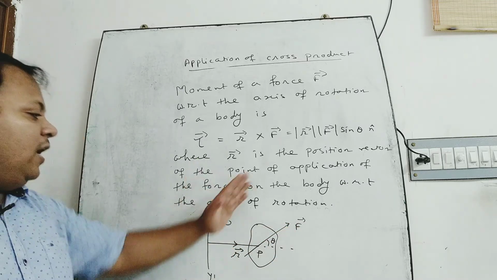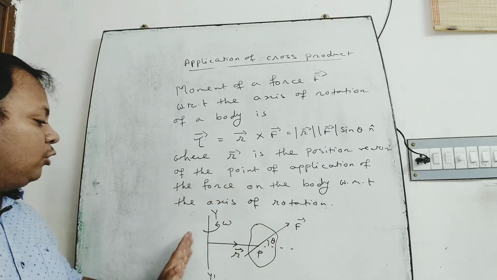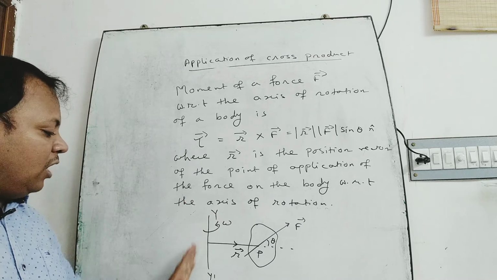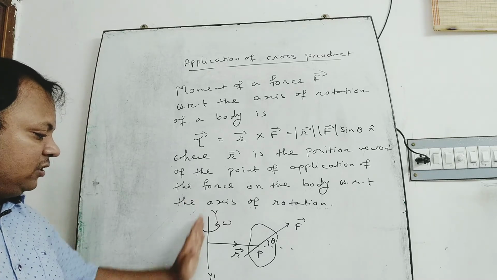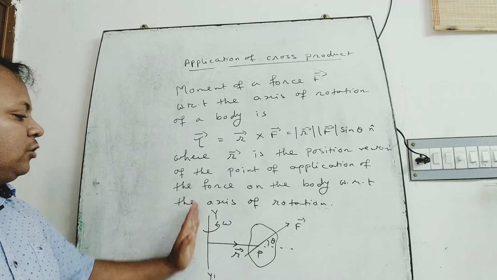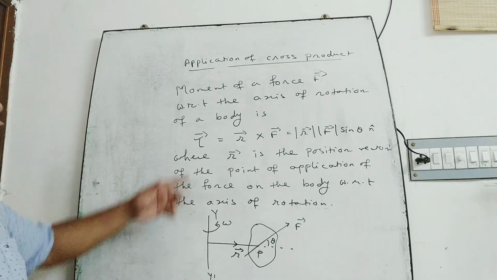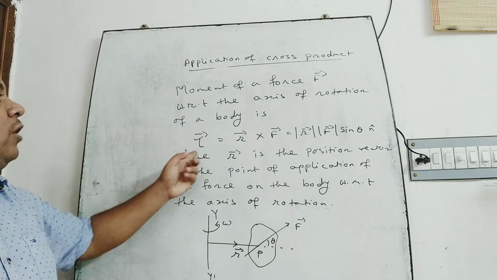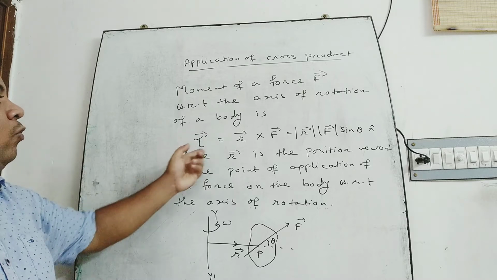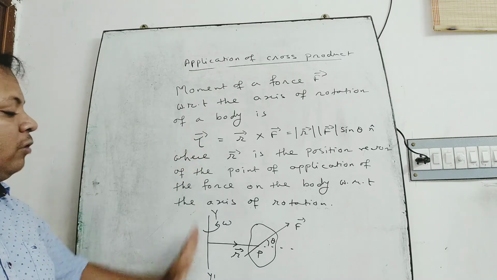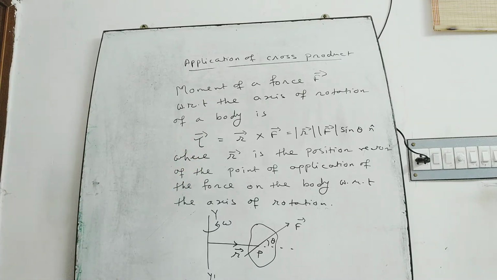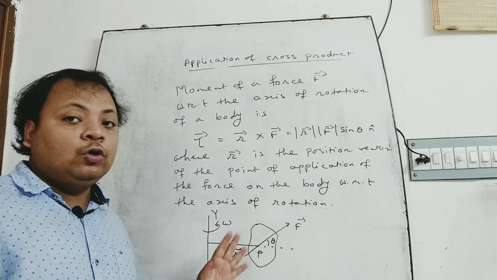That is, n cap acts along the y prime axis, that is, along the axis of rotation. Therefore, the direction of the torque or moment of force tau is along the axis of rotation, and it follows the right hand corkscrew rule.